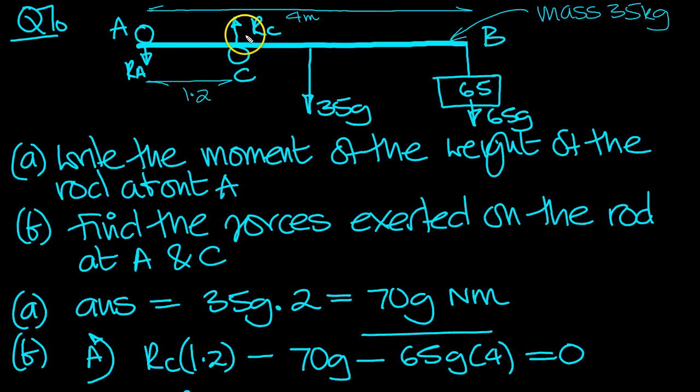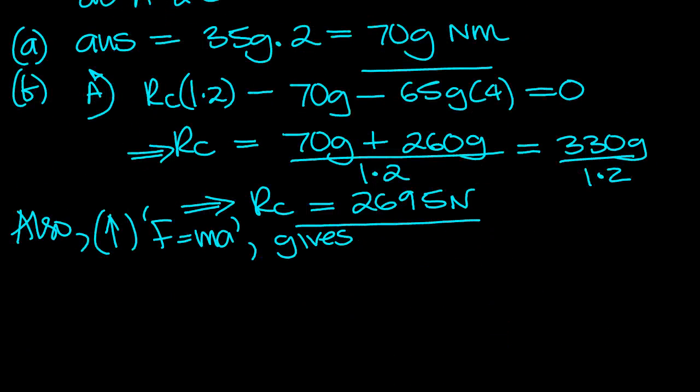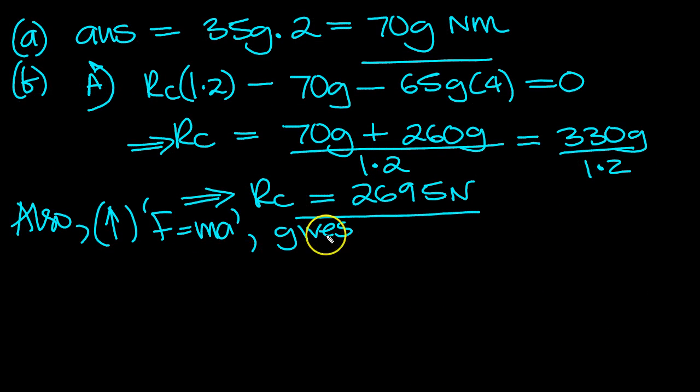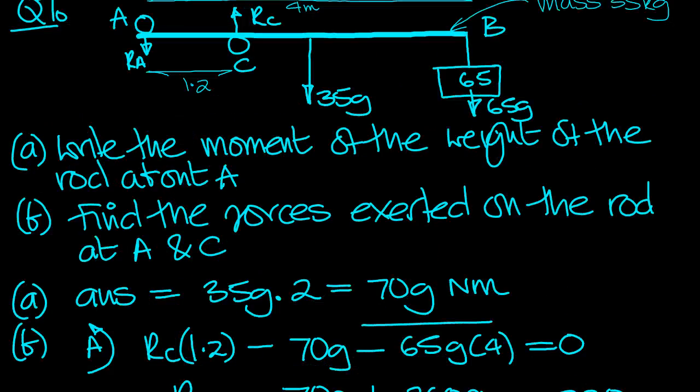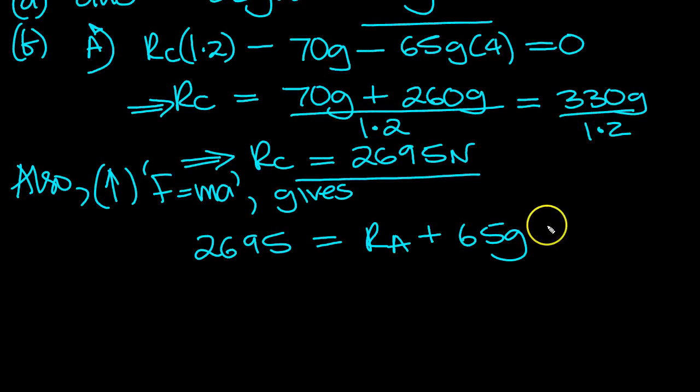It's RC is equal to these three forces, because they balance out. So 2695 is RC, equal to RA, because that acts downwards, plus the 65G, the weight, and plus 35G, the weight of the rod.